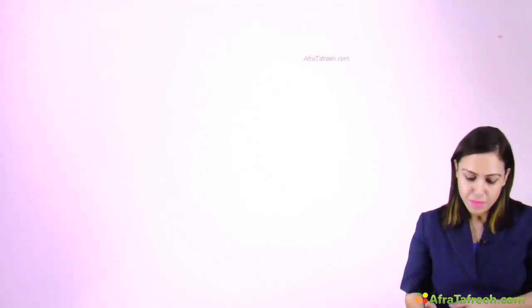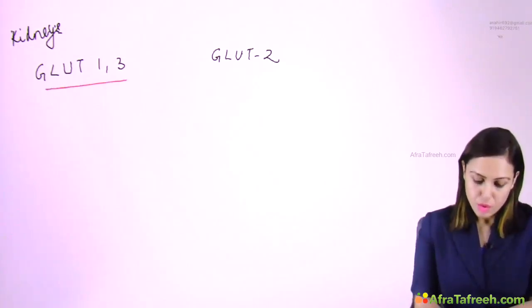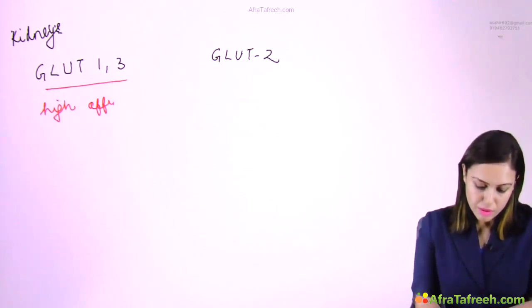So that means in kidneys we have many glucose transporters present. So let's see, in kidneys GLUT1 is also present, GLUT3 is also present, and GLUT2 is also present. GLUT1 and 3, they are high affinity transporters.